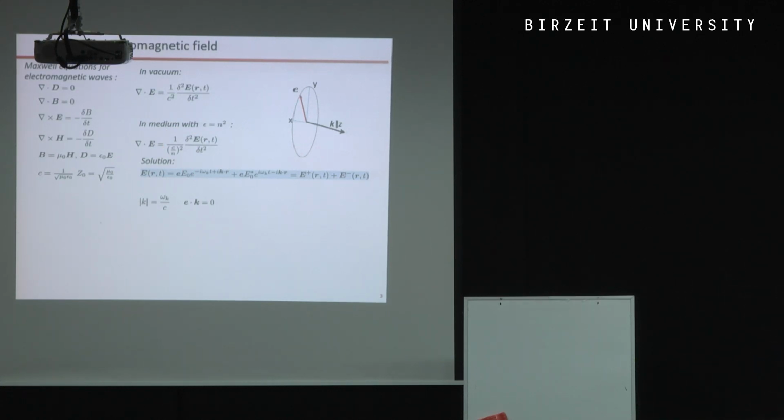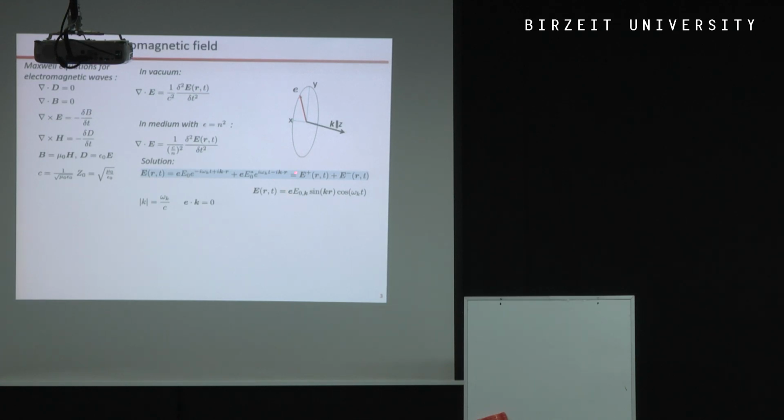And when you go into quantum optics, it's very convenient to use this particular form of solution. It's a little bit different to what you might be used to, which is given here. But if you do a little bit of algebra, you will find that the 2 of them are compatible within the factor of 2 in amplitude.